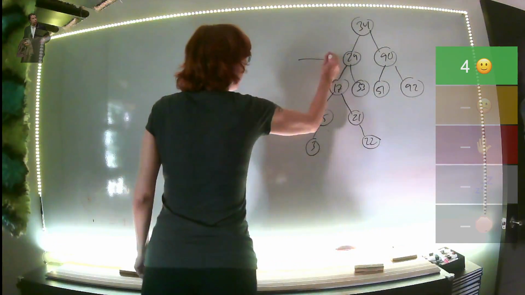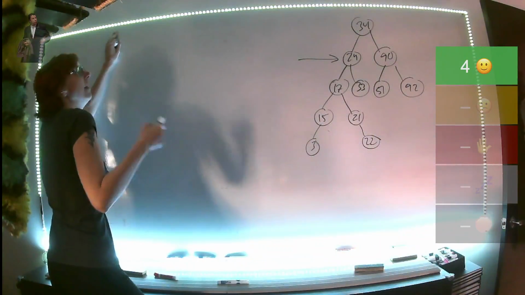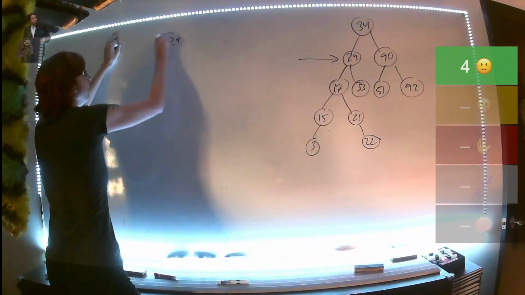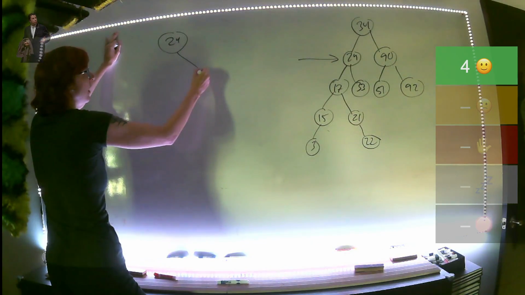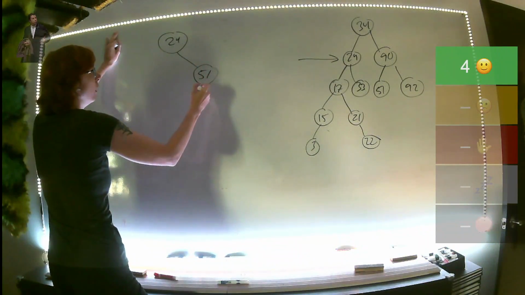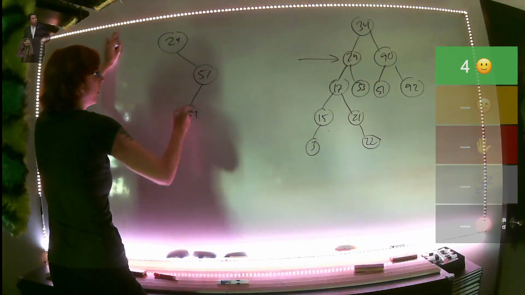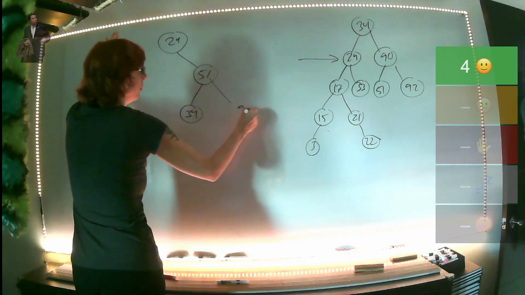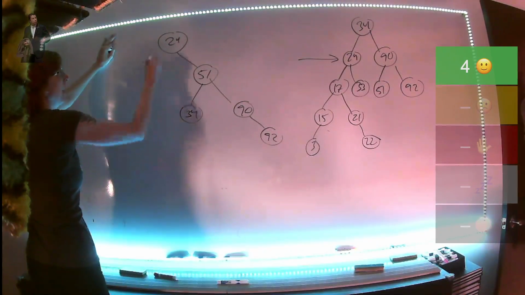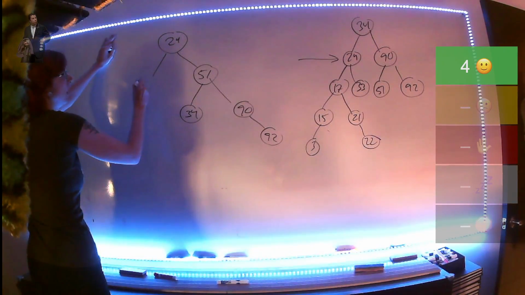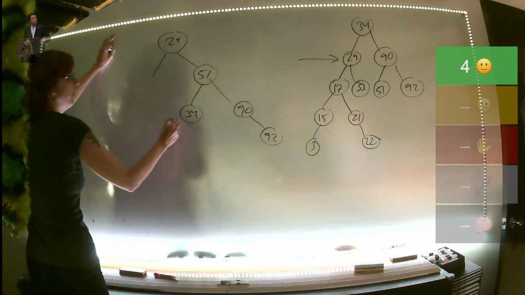I'm going to now make a tree with the same data that has a root 24. If I put the 24 in the root, let's say I put the 51 over this side. Let's put the 34 here, put a 90 here, 92 here. Then I could put here, missing the 33 still, the 33 would have to go here.